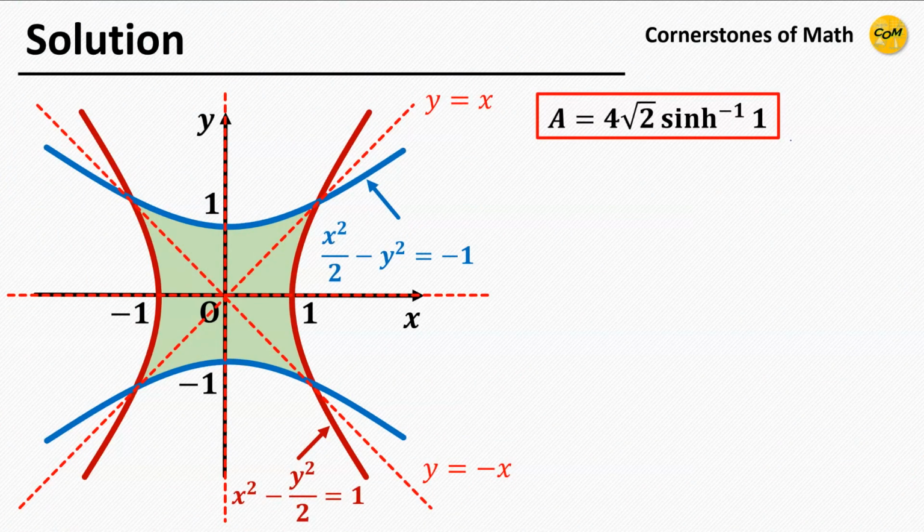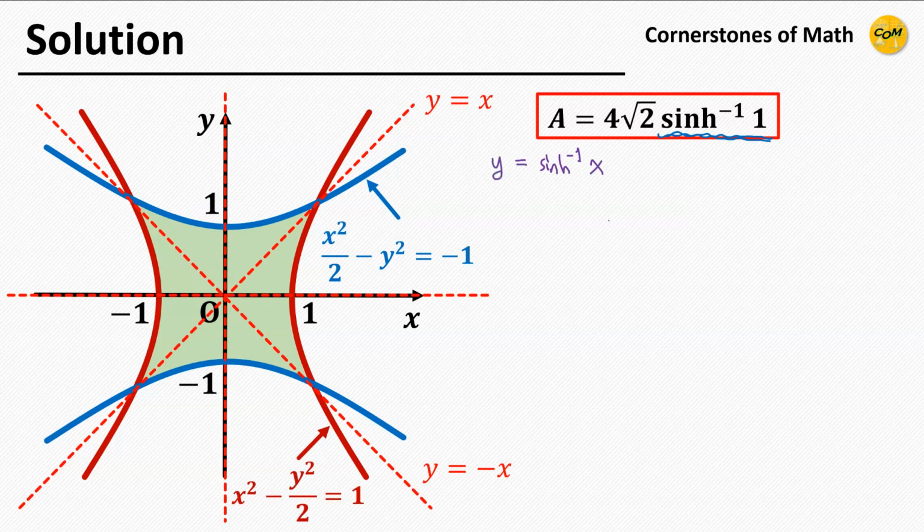This expression is good enough since inverse hyperbolic sine is a well-known function, but we can actually express inverse hyperbolic sine of 1 with other elementary functions, owing to the fact that we can express inverse hyperbolic sine x using other elementary functions.